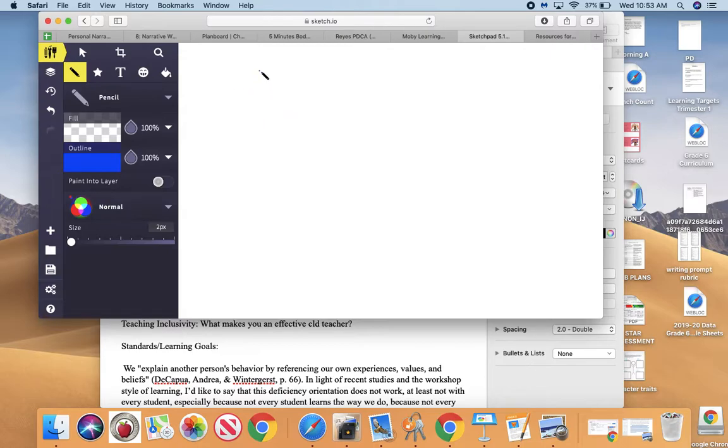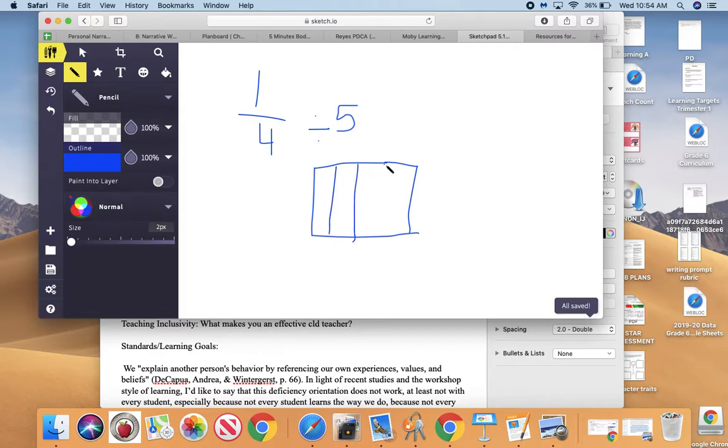And let's look at 1/4 divided by 5. So I'm looking at 1/4. I know that 1/4 can be shown in a pie, but to make matters easier, I'm going to draw a box because it's easier for me to visualize, and I'm going to separate it into fourths.